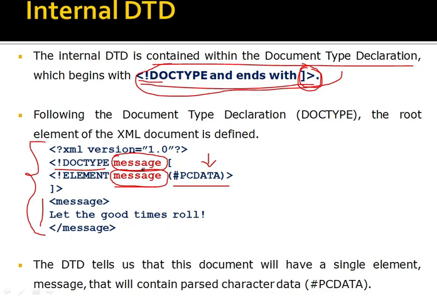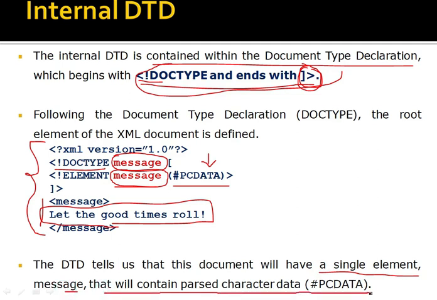The data in the element message is parsed by the parser. So the DTD tells us that this document will have a single element, message, that will contain parsed character data.